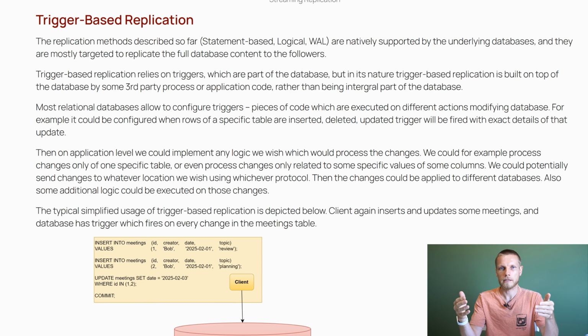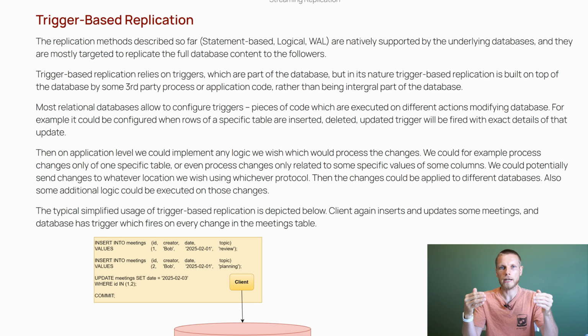The idea is that usually databases have triggers. Triggers are just pieces of code which can be executed when some event happens in the database. For example, when a record is updated, inserted or deleted, it can cause a trigger to fire.